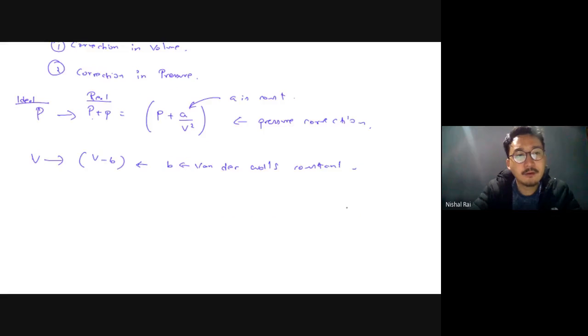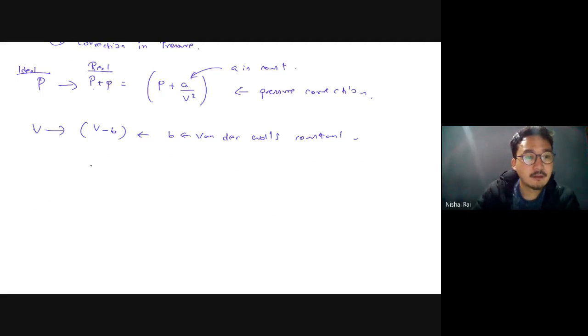So here, the equation for a real gas will be what? For the ideal gas, it was PV equals RT.